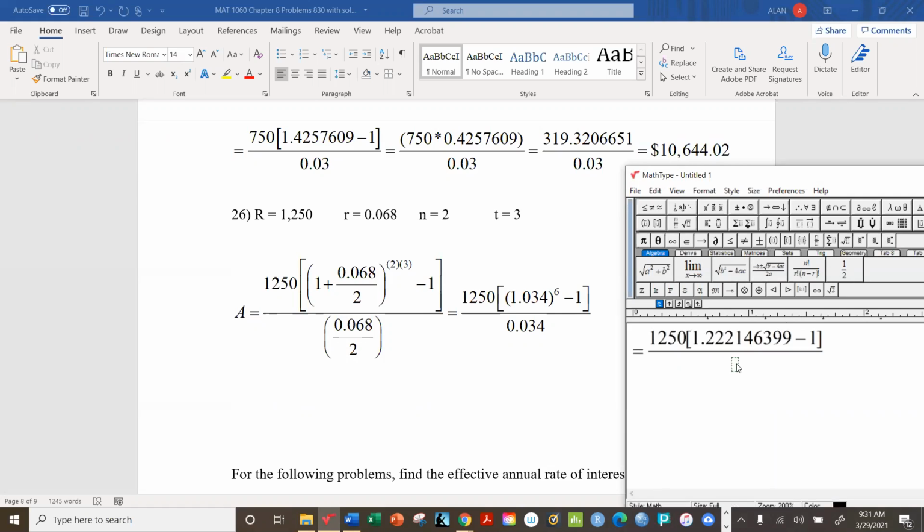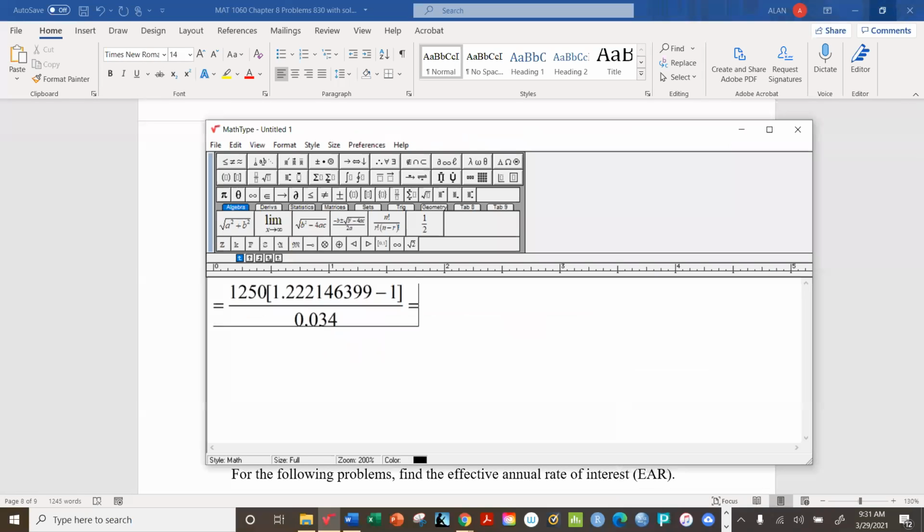Again, you don't really necessarily need all those decimals, but because we're rounding to dollars and cents, more is usually better, but we only have to go so far. 0.222146399 over 0.034.